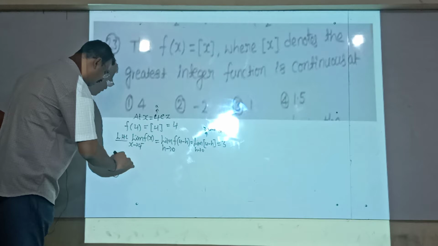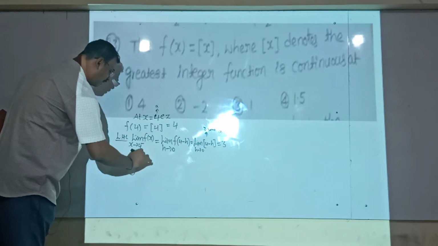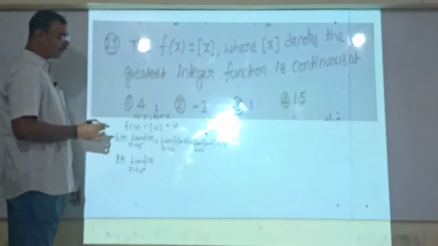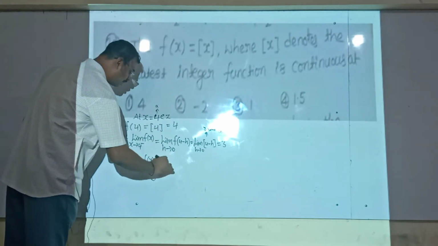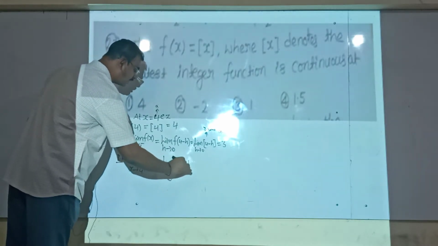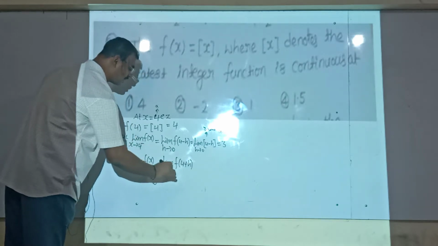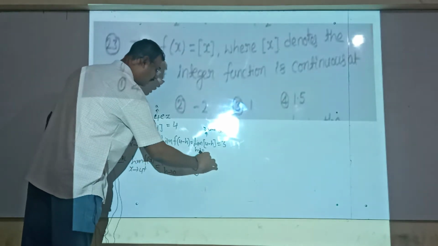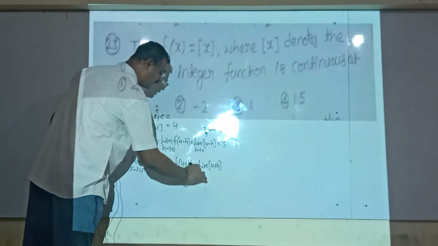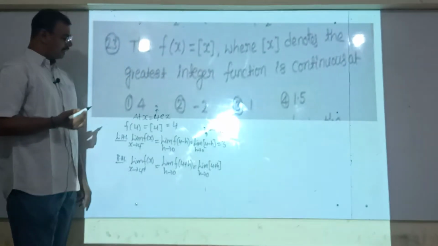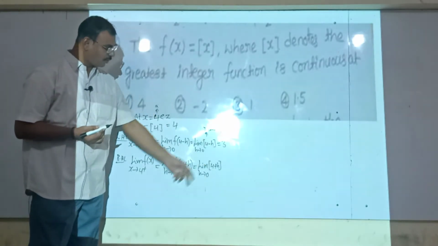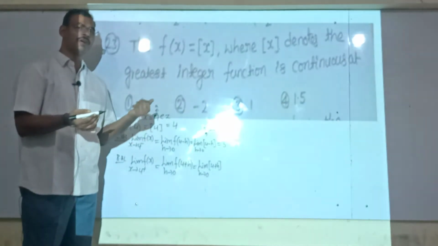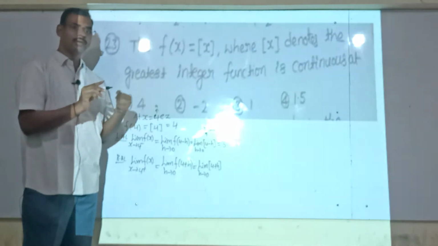Similarly, the right hand limit. Limit of f of x as x approaches 4 plus is the limit of f of (4 plus h) as h approaches 0. Here the function is substituted with values more than 4. h is a small number, and 4 plus something means 4.01 or 4.2, 4.3, whatever it is, 4 point something.